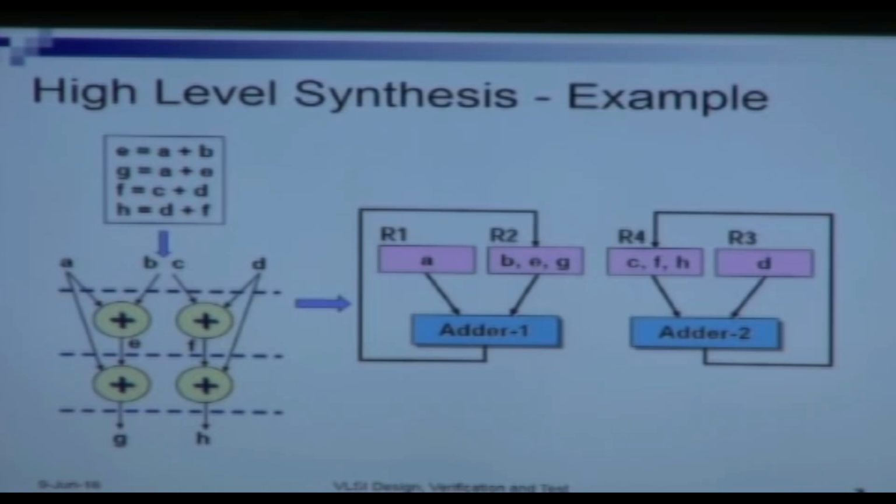So I said yesterday that I have a basic block, and corresponding to this basic block, let us say we have arrived at a schedule, and in this schedule the first statement is E equals A plus B. So it happens in time step 1. This has two time steps. In time step 1, what happens? A and B are added and E is produced, and in time step 2, the second statement occurs, A and E are added and G is produced.